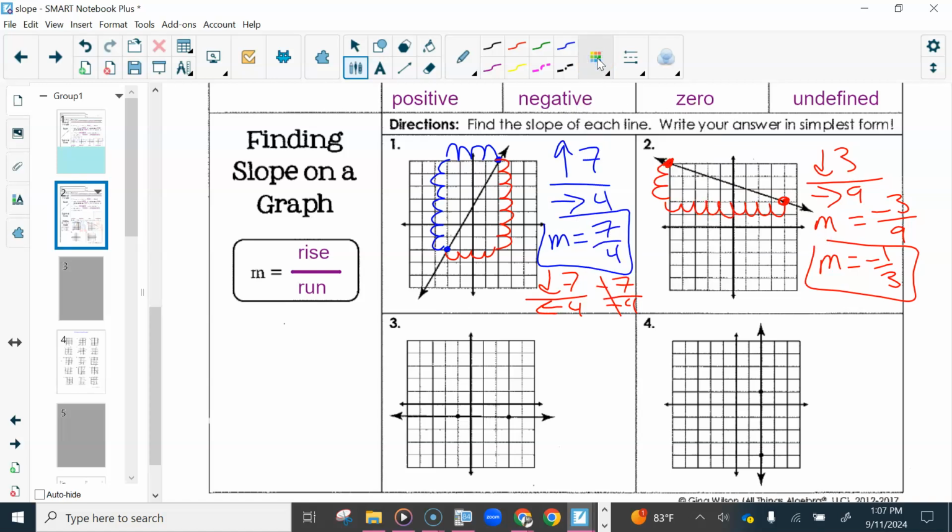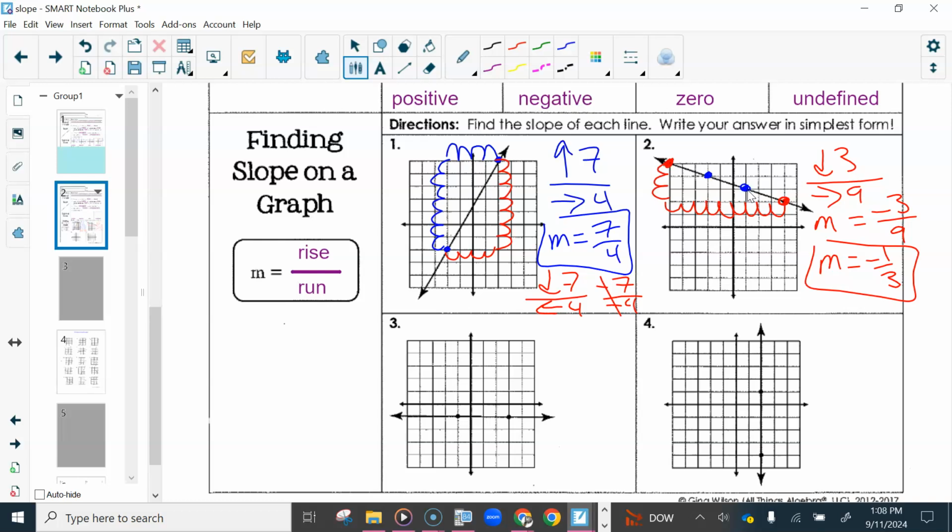Because I could simplify it, that means every time I go down 1 and to the right 3, I should end up at another point on this line. I'm going to test that. So if I start at this point and I go down 1 and to the right 3, I should end up at another point. And if I do it again, I should end up at another point, all the way on this line.